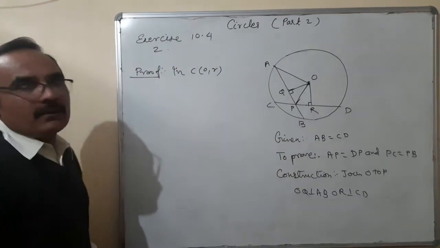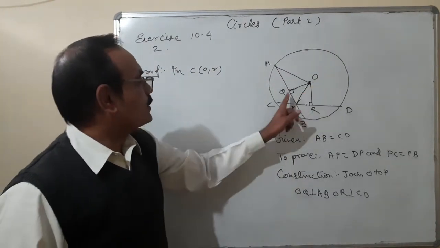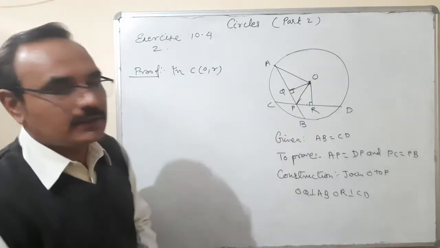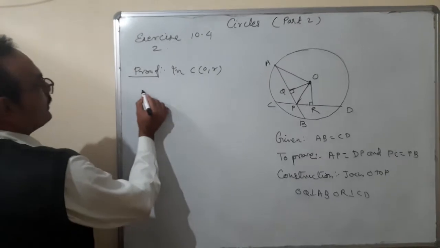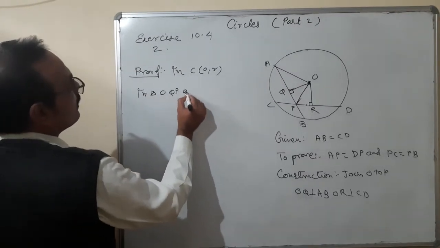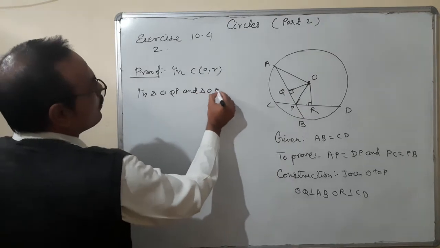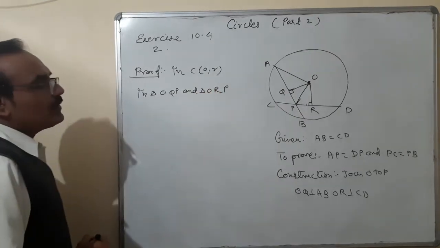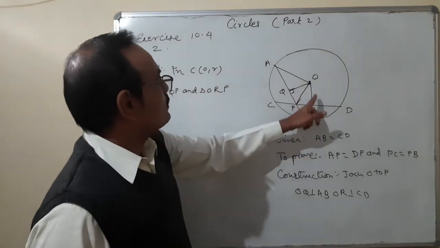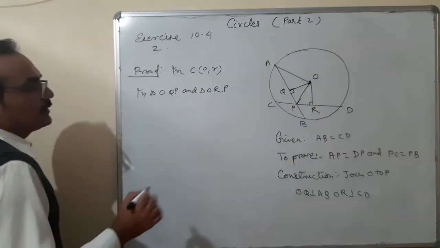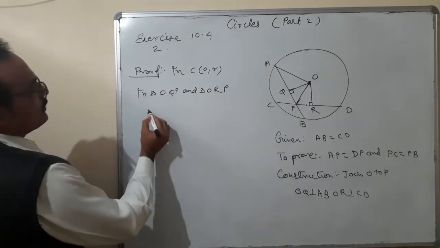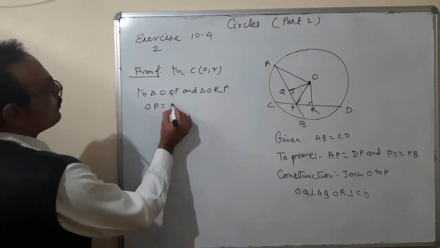Okay. So first of all, triangle OQP and triangle ORP, we are proving both the triangles are congruent. In triangle OQP and triangle ORP: one is OP is equal to OP, common.